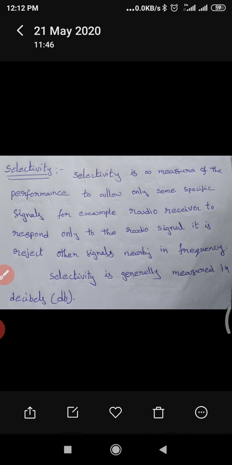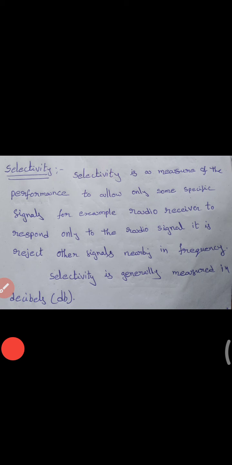That's why we have discussed all these topics in today's class. So in our next class we will start the series resonance circuit.